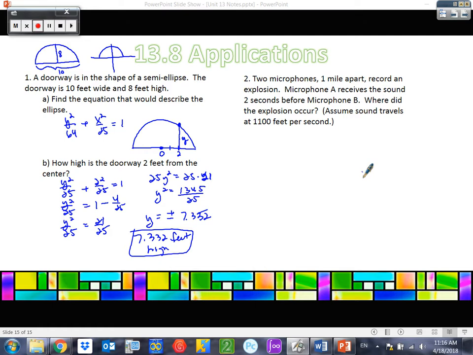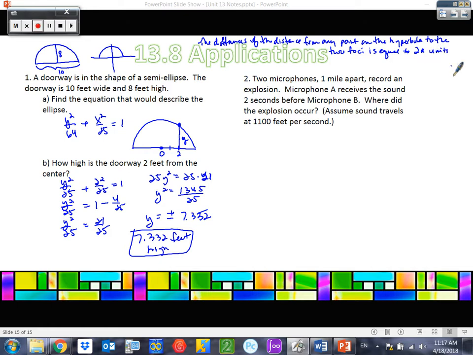So the rule is that the difference of the distances from any point on the hyperbola to the two foci is equal to 2a units.